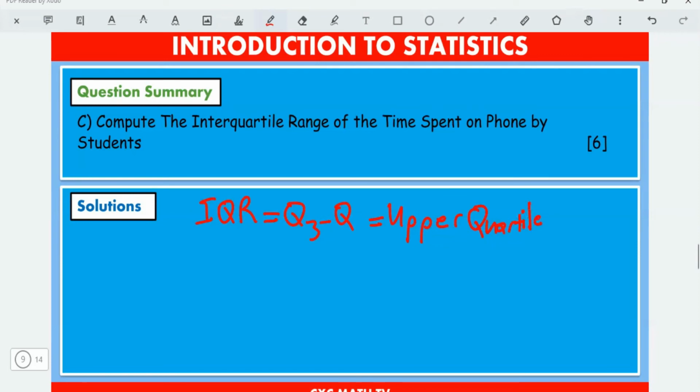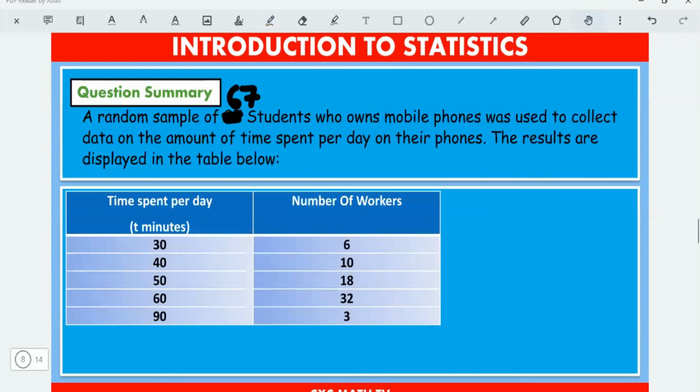We like to call the upper quartile Q3. To find it, Q3 is given by 3/4 of the n plus 1 term.